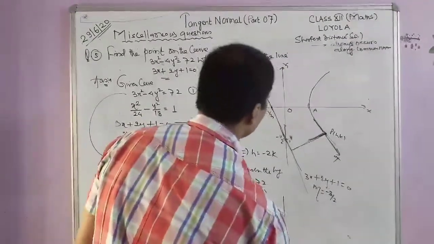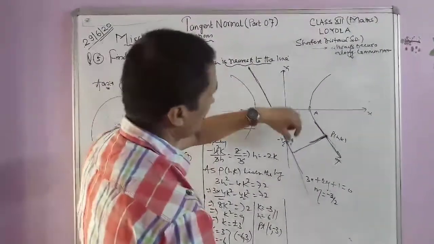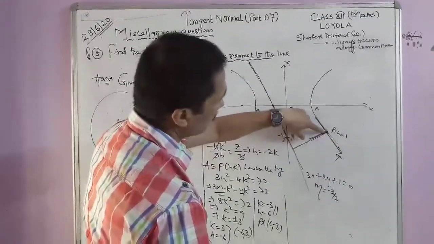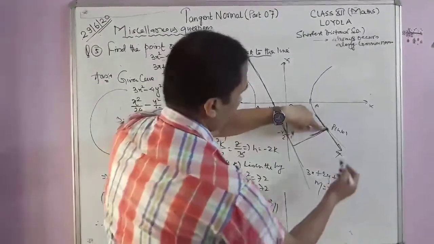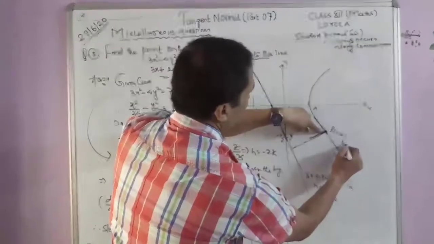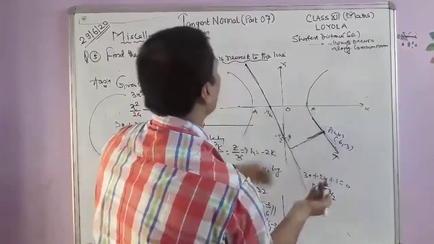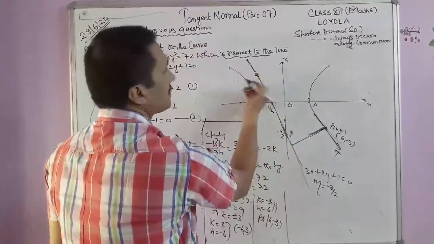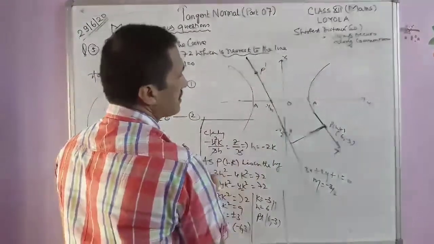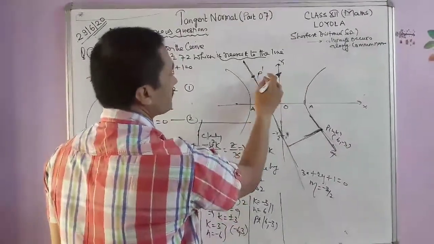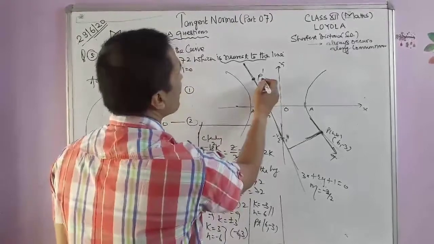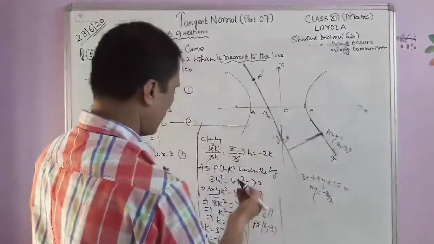Now the coordinates of P(h, k): one is (6, minus 3) and the second, say P dash, is (minus 6, 3).